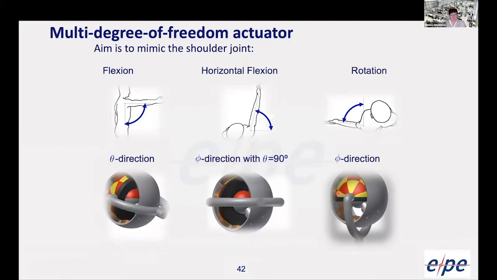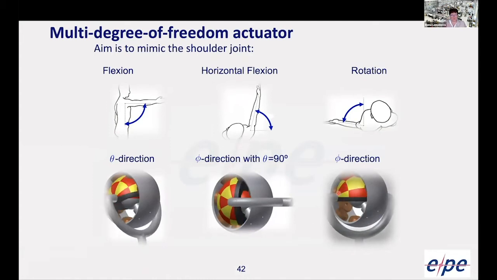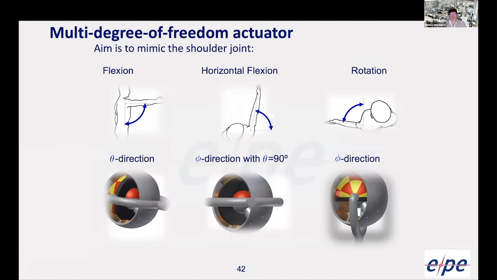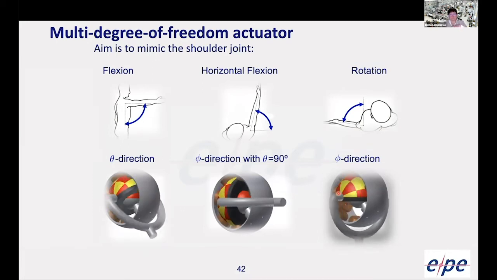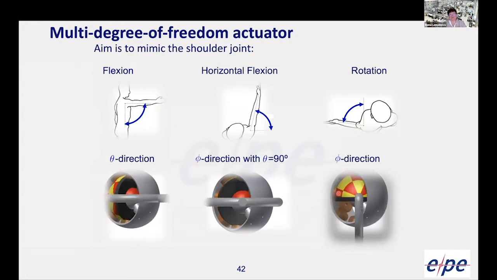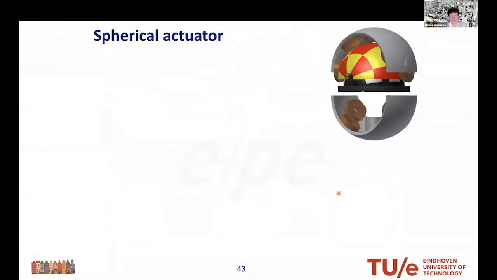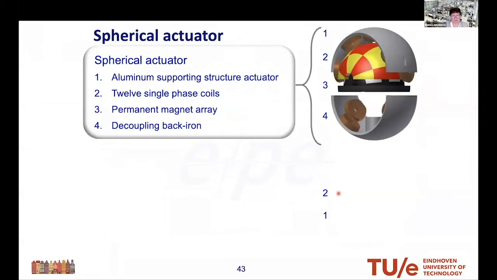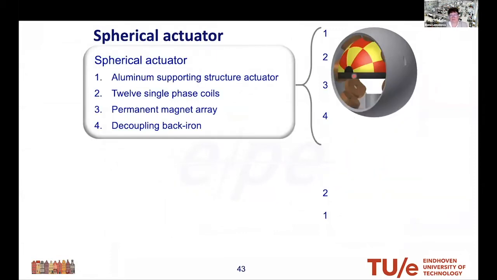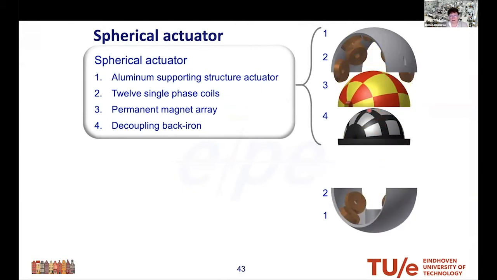So it is possible, and it is realized by means of the so-called spherical actuator and embedded gravity compensator, because spherical actuators are the subject of a very low torque, and if we compensate the gravity, then we solve the problem of the very low torque of the spherical actuator. So the spherical actuator consists of several embodiments. So it is the actuator itself, so you can see the aluminum supporting structure, 12 single phase coils, permanent magnet arrangement, and decoupling iron back iron.